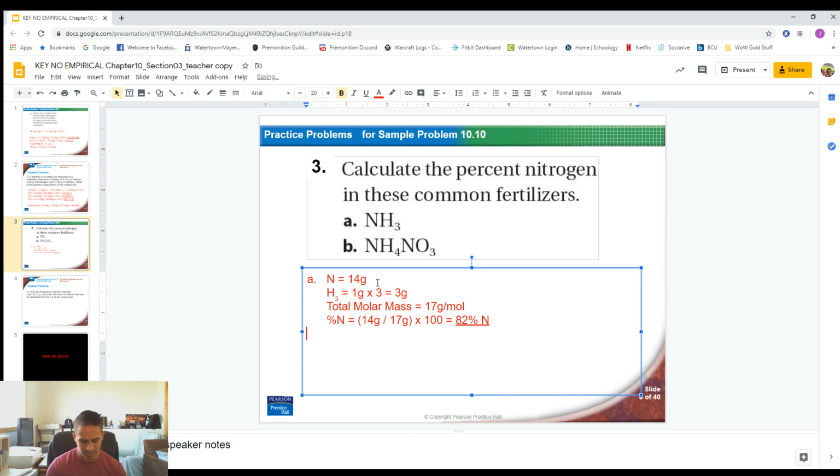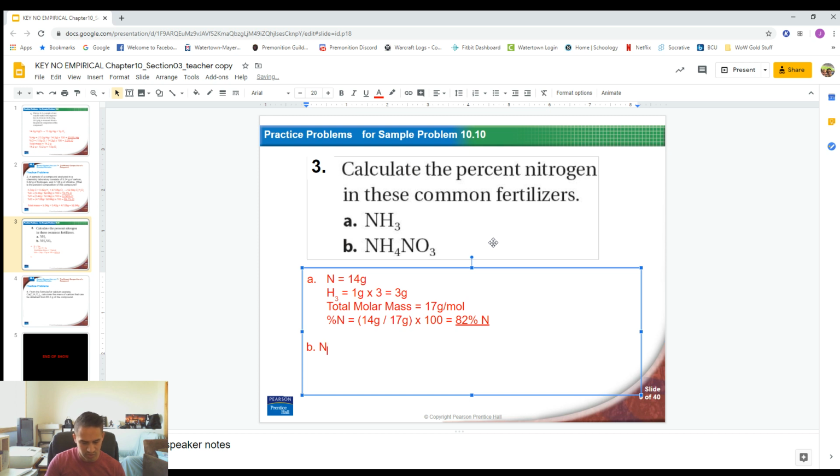Let's take a look at the second one here. We have NH4NO3. All right, so again, we need to find the total molar mass, and we're going to have to add together a lot of elements. They have nitrogen in 2 different places here.